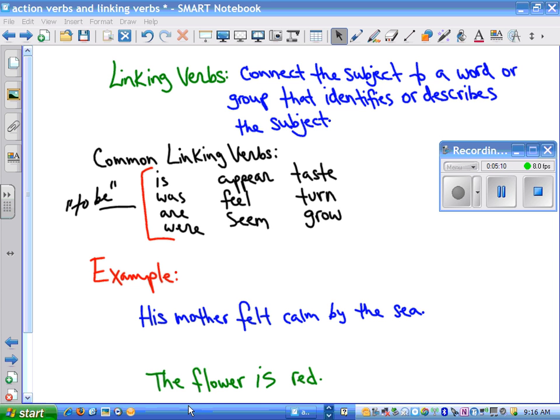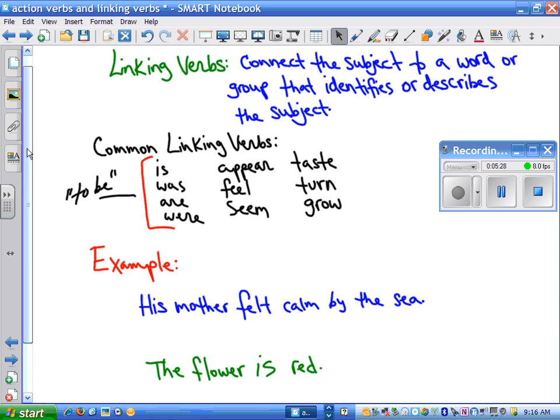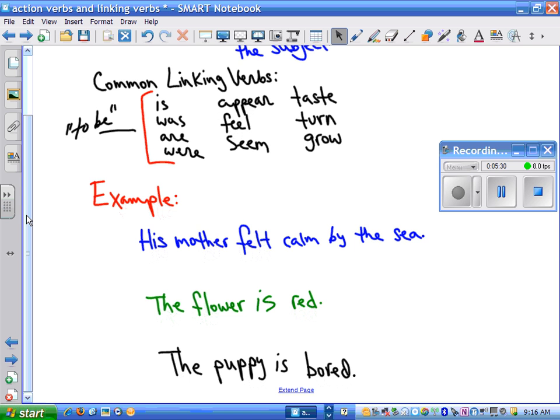Other words that work as linking verbs: appear, feel, seem, taste, turn, and grow. These all can work as a linking verb. And the idea of a linking verb is to connect. It's to link, right? As its name suggests.